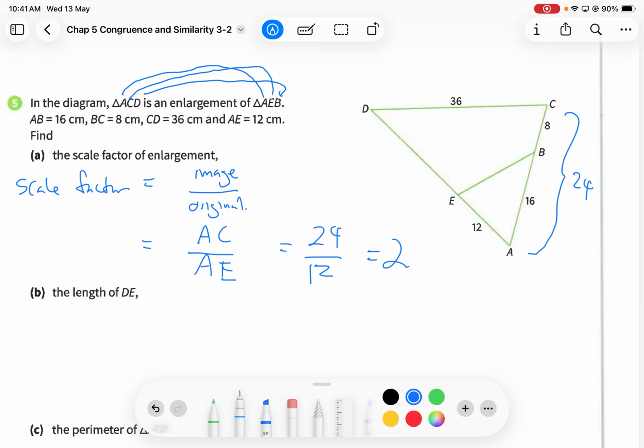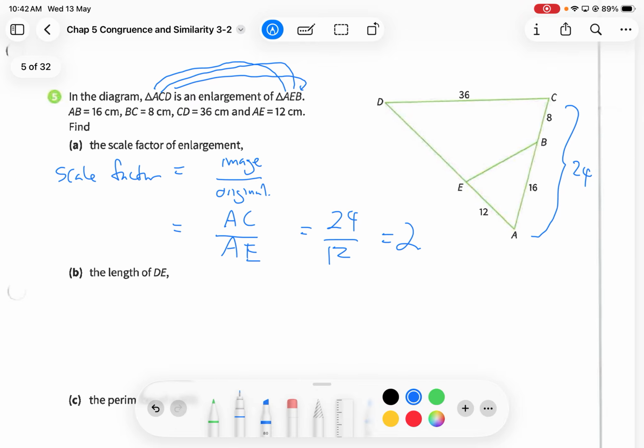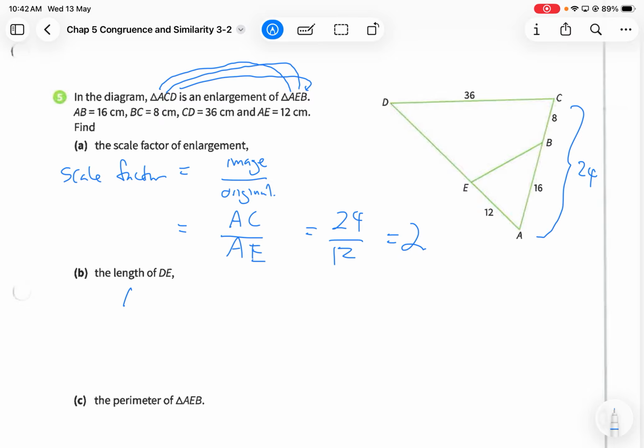Now you want to find the length of DE. DE itself doesn't have a triangle that includes DE, but AD does. If I know AD, I can take AD minus away 12, then I find DE already. So part 2, they are actually asking you to find AD. AD corresponds to first and third letter, AB.